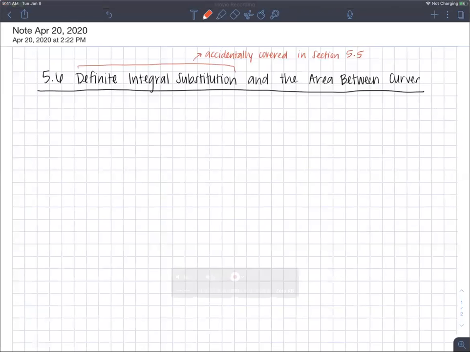So yeah, let's look at the second part of this section, the area between two curves.